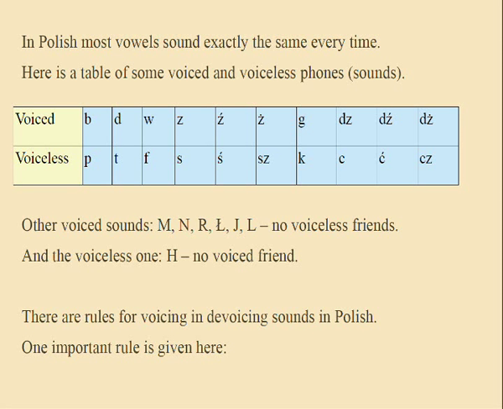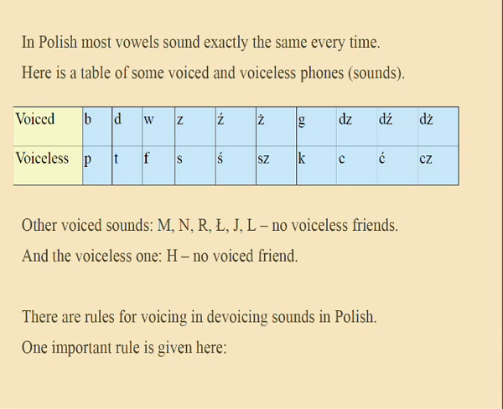Polish is not very different in that respect. Apart from the vowel I and the two nasal vowels I will mention later, all the other vowels sound exactly the same wherever they are placed in a word. But consonants and digraphs, or in general phones, do vary.